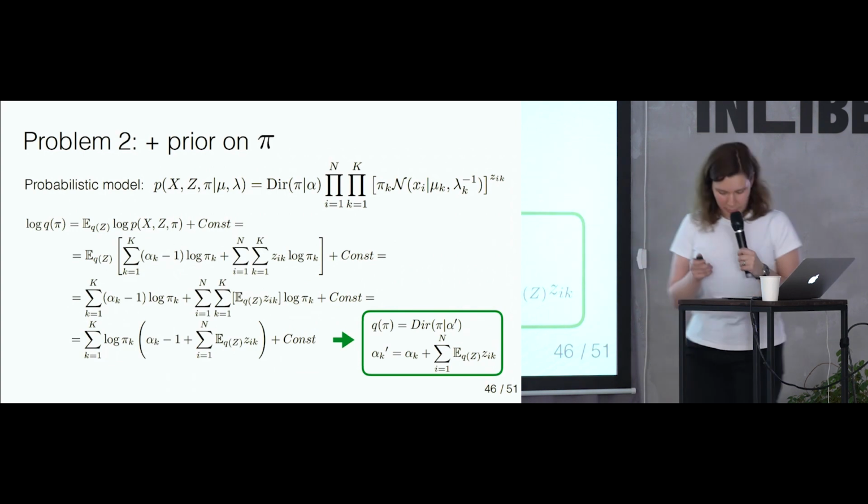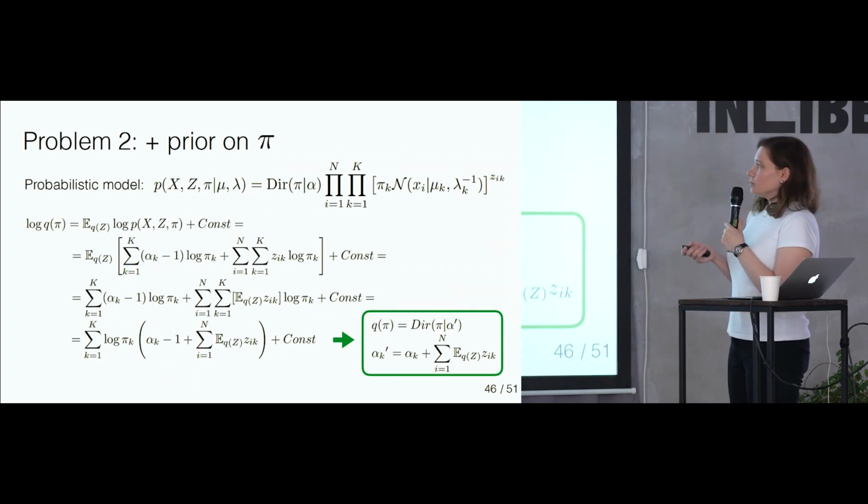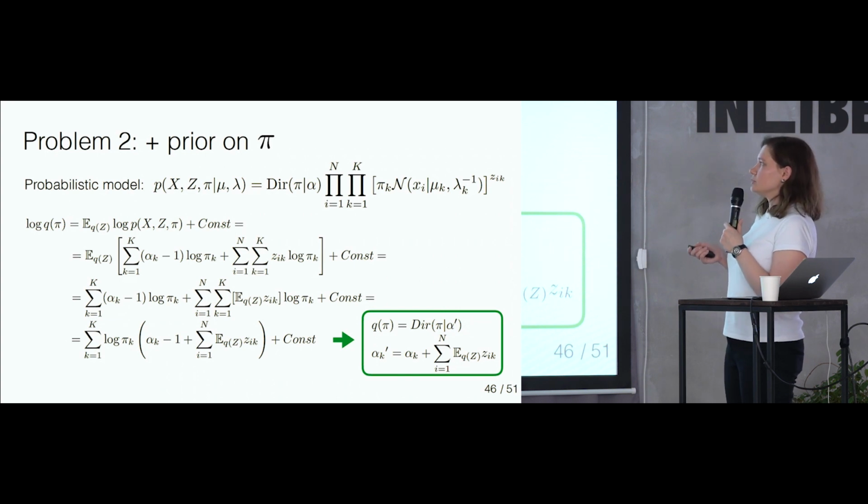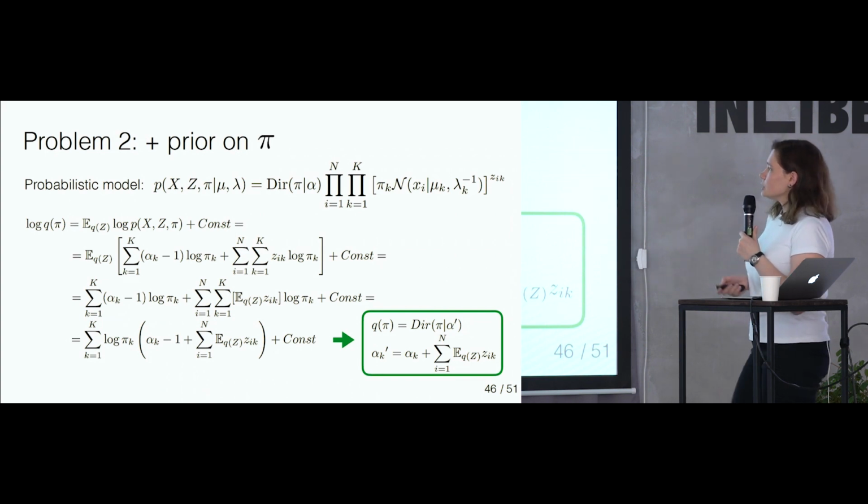So, the more interesting part. Let's find the distribution Q of P. Here we use the same formula. Again, we put our probabilistic model inside this formula.